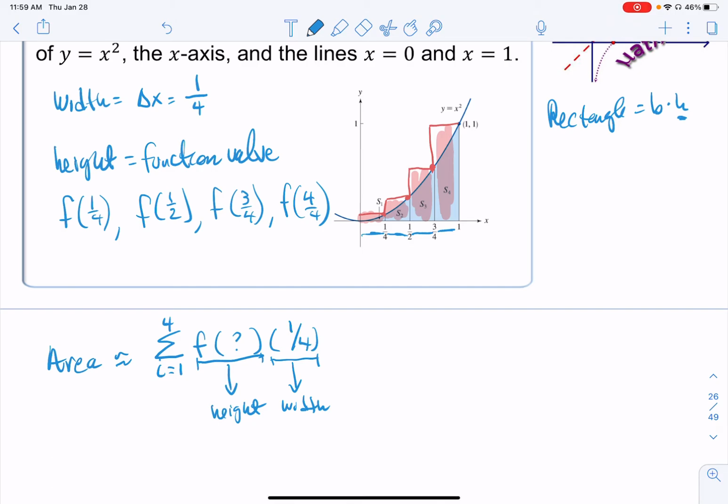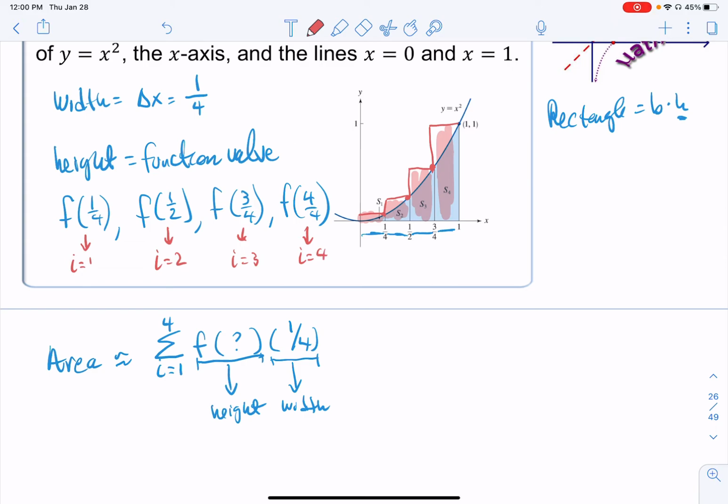Now inside here, I'm supposed to have 1/4, 1/2, 3/4, and 4/4, where this one is from i equal to 1, this one is from i equal to 2, i equal to 3, and i equal to 4.